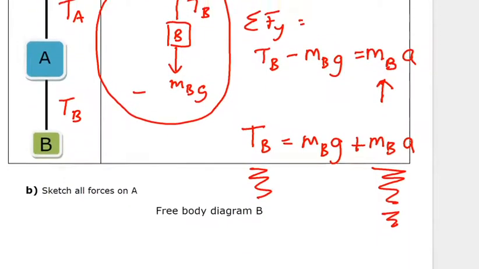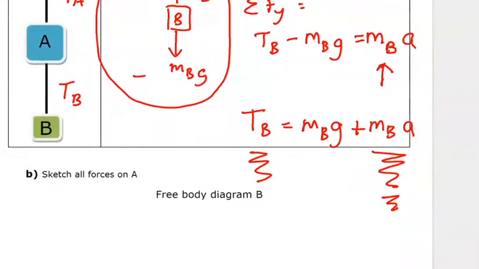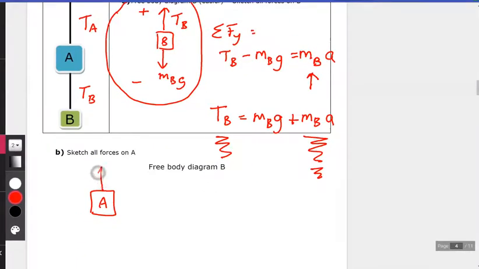Now let's see, sketch the forces on A. All right, there's certainly we're going to get tunnel vision again. There's TA, there's TB, and there's MAG, the weight. Three forces.